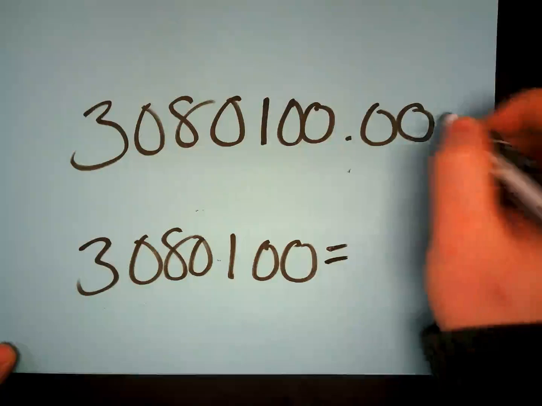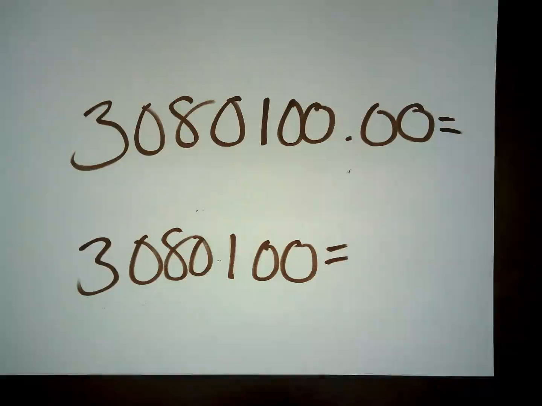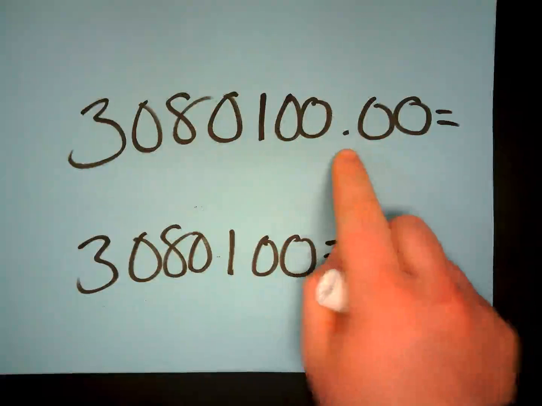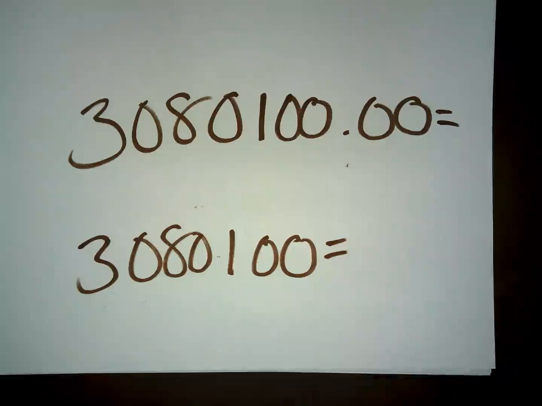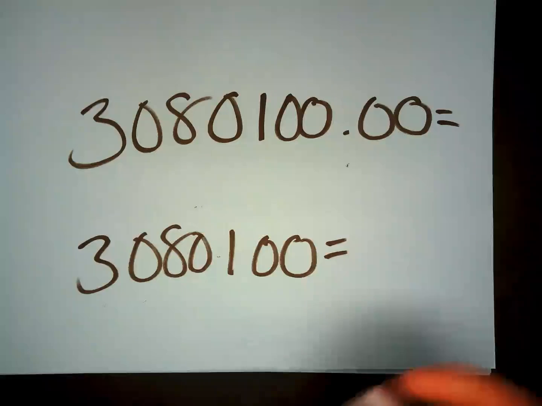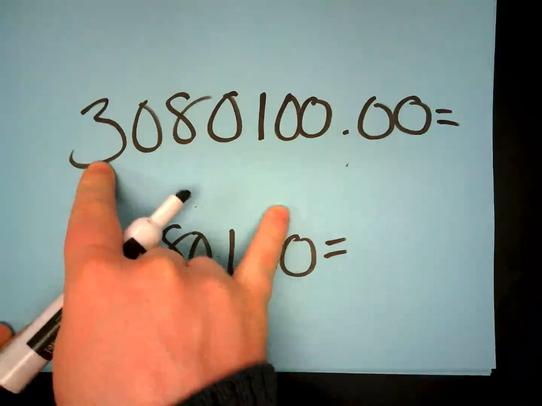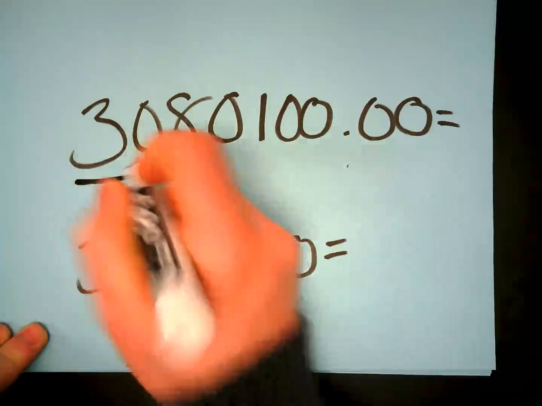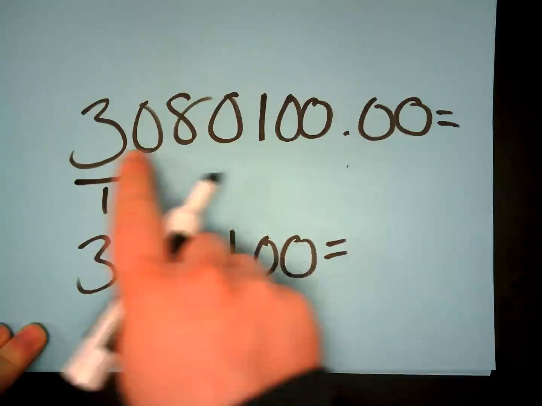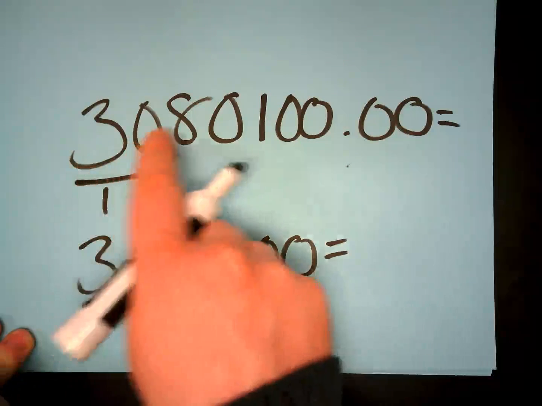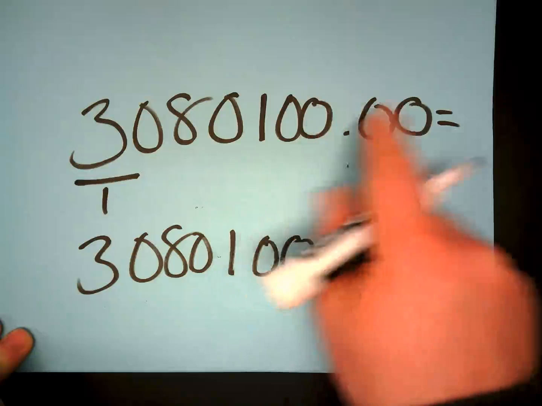Counting for sig figs, starting with this one up here, because we have a decimal here, we're going to start counting from left to right, and we're going to count everything as soon as we begin counting. So we're going to again read from left to right. When we start here, we count that guy, and we just don't stop. So it's going to be 1, 2, 3, 4, 5, 6, 7, 8, 9.